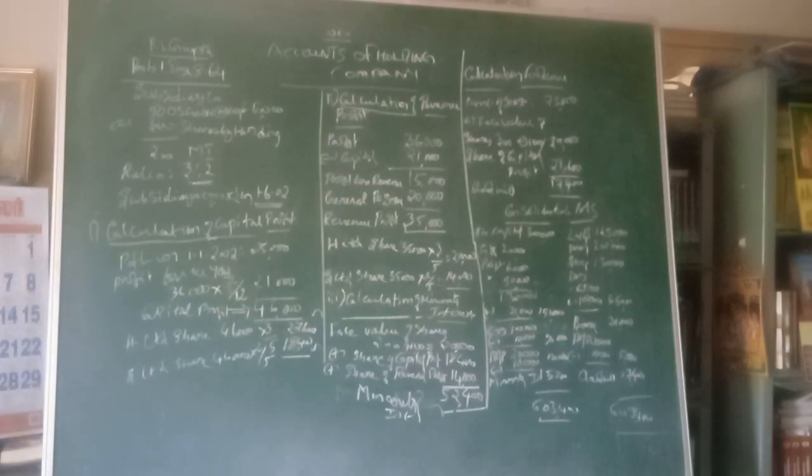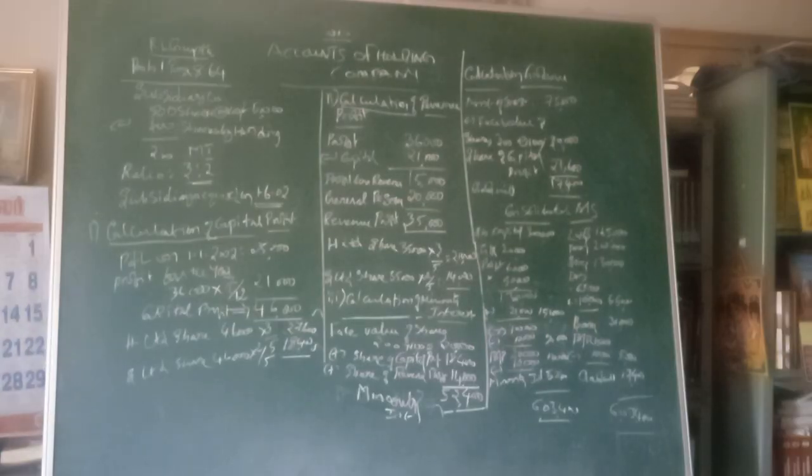Then general reserve is given for H Limited, 20,000, we are taking. S Limited's should not be taken. Why? Please make a note of it: S Limited's general reserve should not be considered, because it is taken and adjusted in the revenue profit calculation.